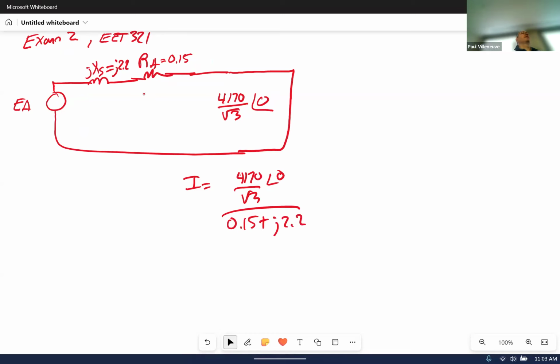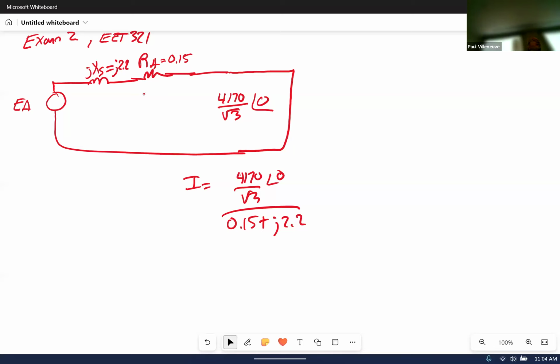Is that correct? That would be if you had a short circuit across the terminals, but more importantly, this voltage could not be 4170 divided by square root of 3, right? Around 2400. So you couldn't even get this to work if you did this equation.